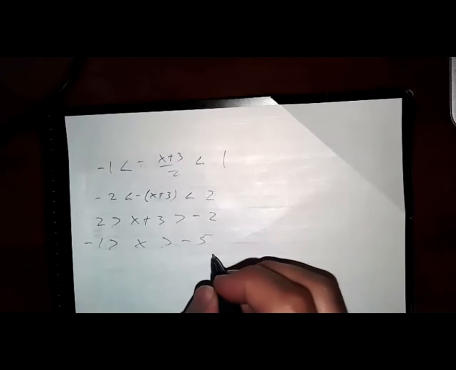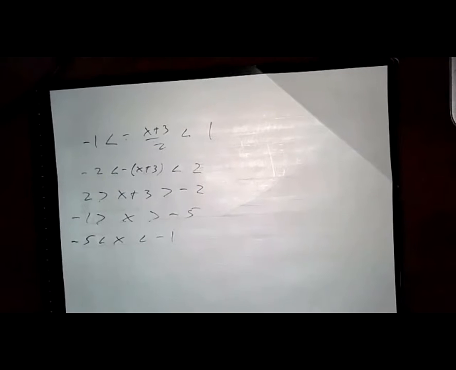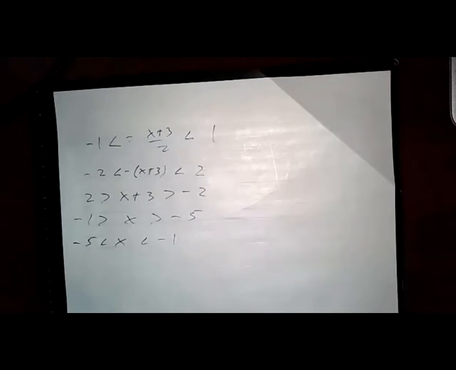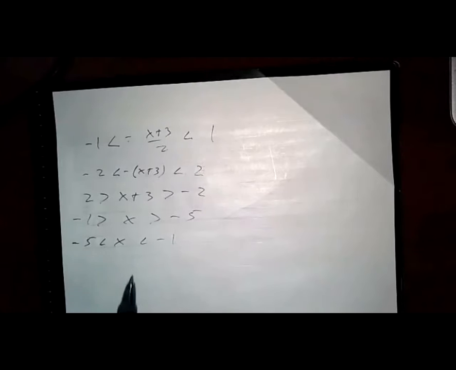Although this is the same as saying I'm going from -5 to -1. I'm going to rearrange that so it's not weird, right? So this is my interval, but I need to check the endpoints, right?